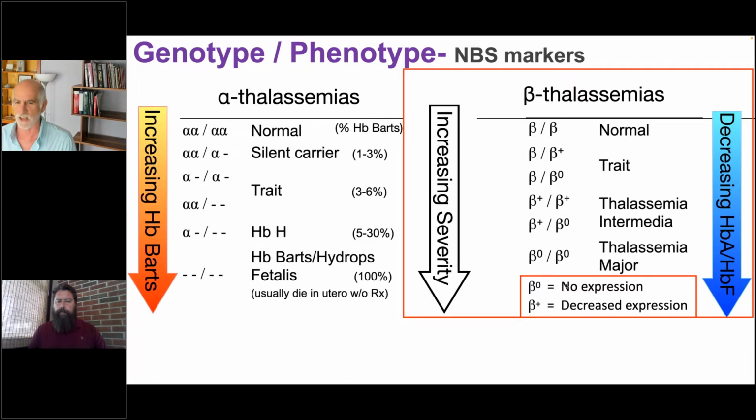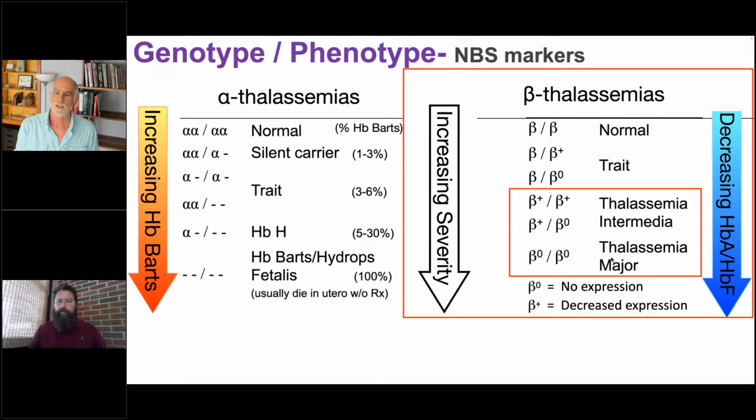Beta-0 mutations, which kill expression of the gene, and beta-plus, where you have decreased expression. And here, these are the more clinically significant forms. Thal major, these patients are dependent on transfusions from early life, needed for survival. Thal intermediate is more complex.